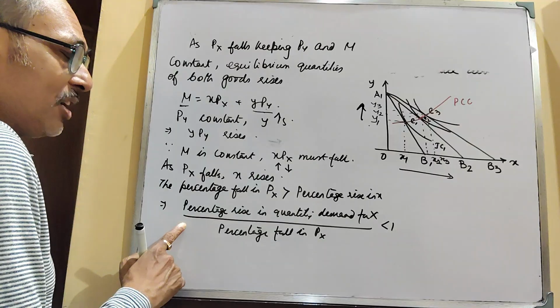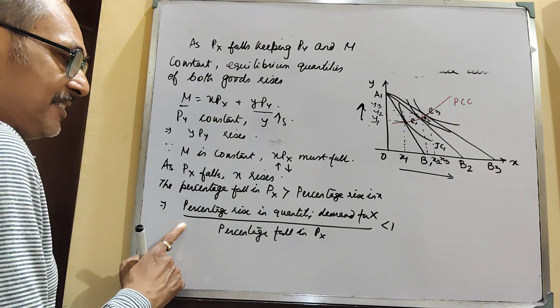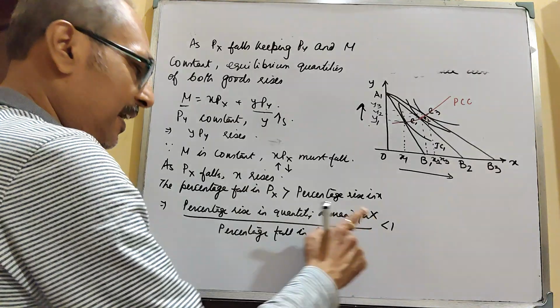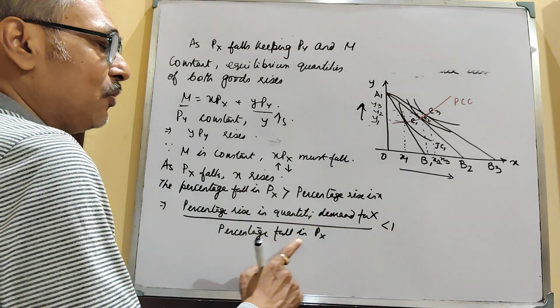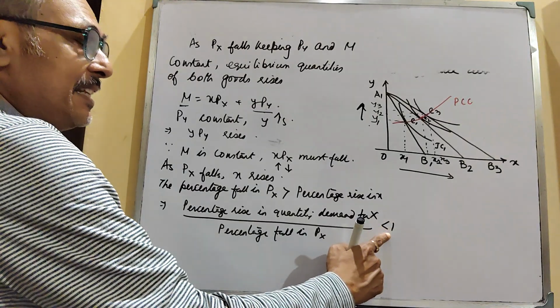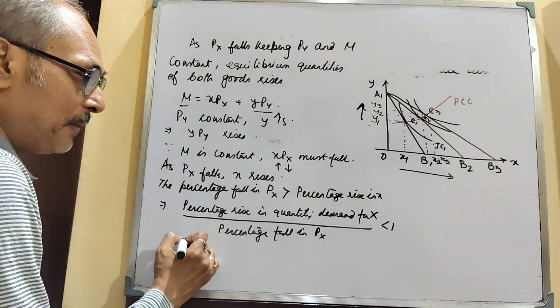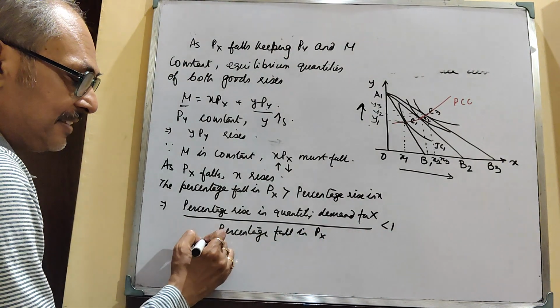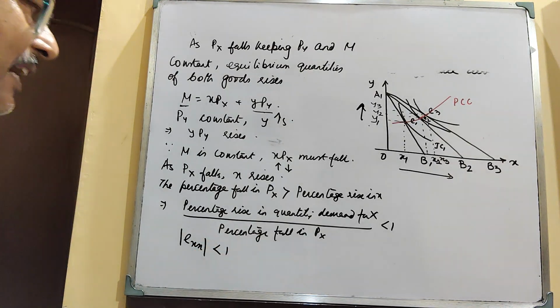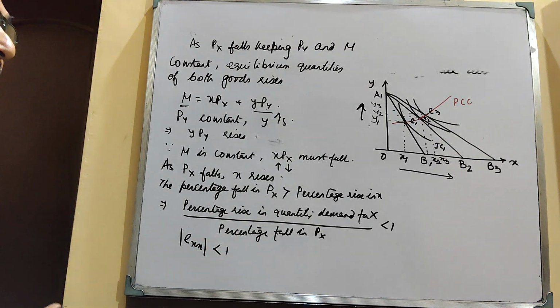This is the measure of the own price elasticity of demand. Percentage rise in quantity demanded for X by percentage fall in price of X. This is less than 1. Therefore, own price elasticity of X is less than 1.